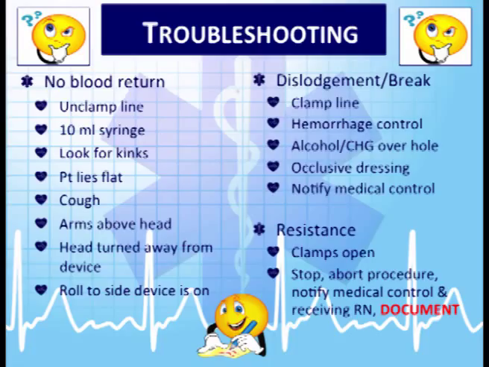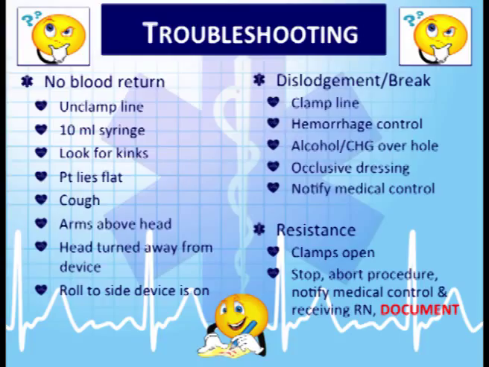Try to roll that device up and clamp it. Control our hemorrhage. Lots of different devices that some ambulances in the field have. Alcohol, chlorhexidine over the hole. Occlusive dressing. Again, we don't want air to get in that line and cause an air embolism. Notify medical control. Let them know what we're coming in with so they can prepare as much as they can for us, or get resources they need.